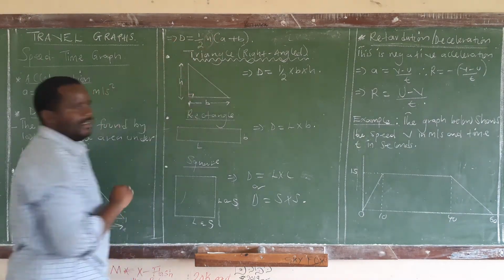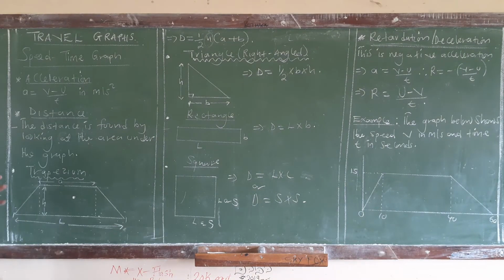What is our height? Height is always the line that joins the two parallel lines. So, in our graph, we have got this line from here up to there, which we are calling A. Then we have another line from here up to there, which we are calling B. And these two lines are parallel.